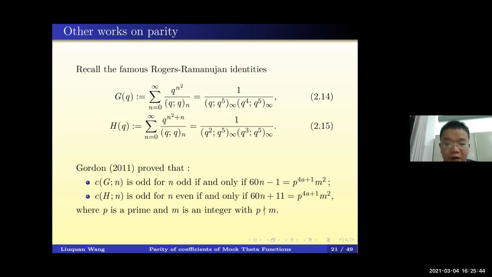So this partially solves the parity problem for these two functions, because we should note that for even n, when c_G(n) is odd, it is not clear, and for odd n, we do not know when c_H(n) is odd.